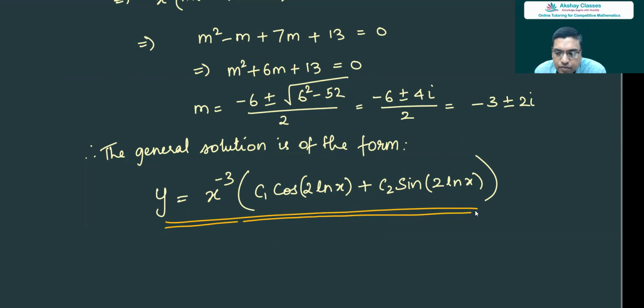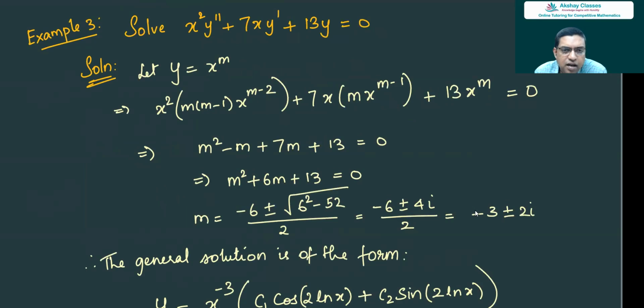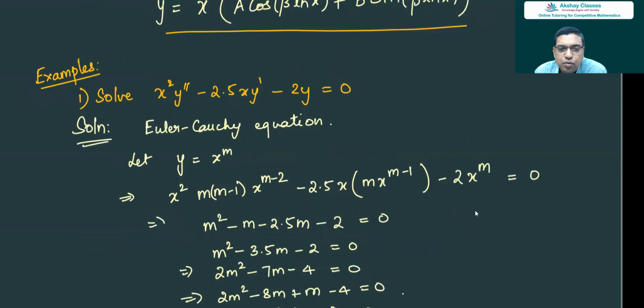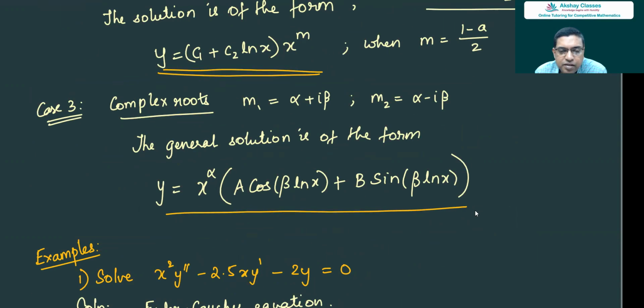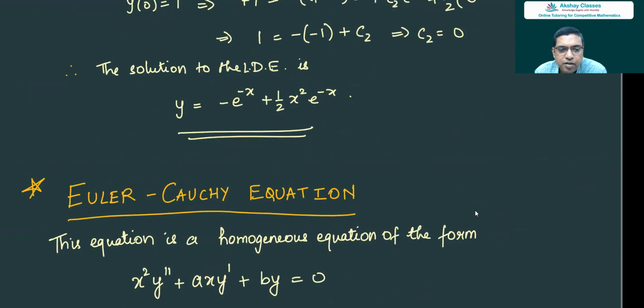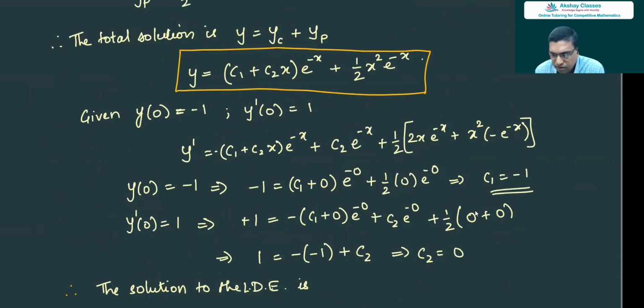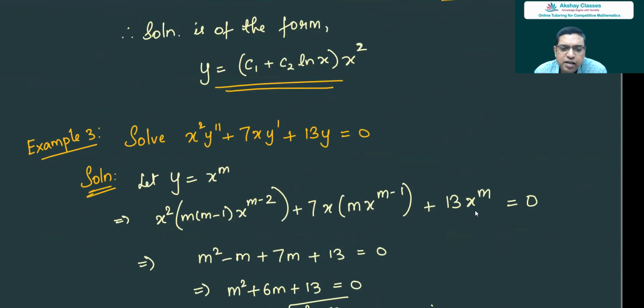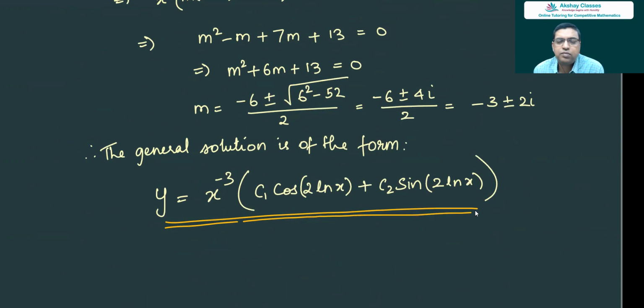So all three cases, one example each. This is the Euler-Cauchy equation. So what did we discuss today? We discussed the method of undetermined coefficients and Euler-Cauchy's equation. Both of them are quite simple and straightforward. With this, we complete the discussion on linear ordinary differential equations by the standard methods.